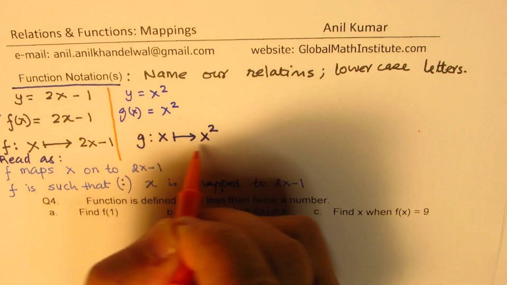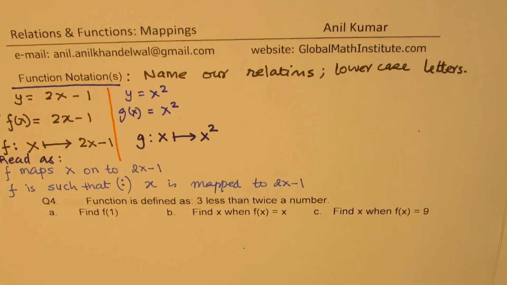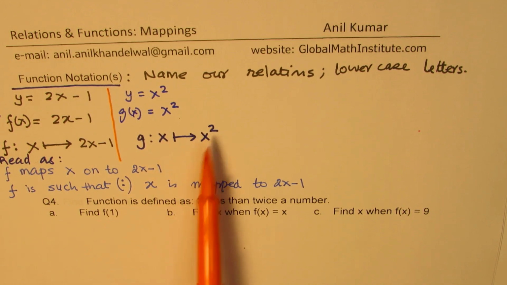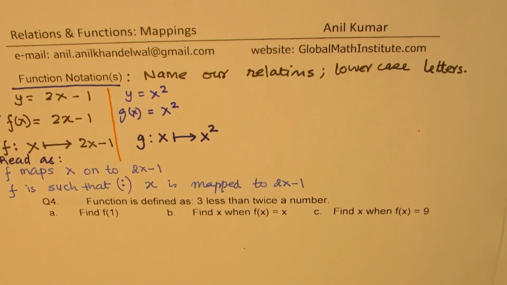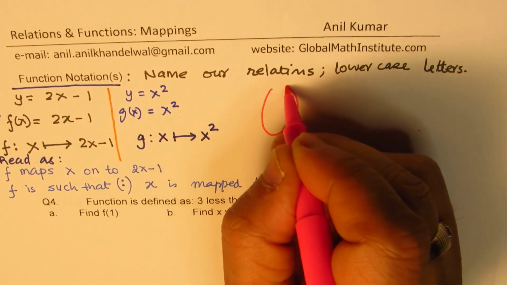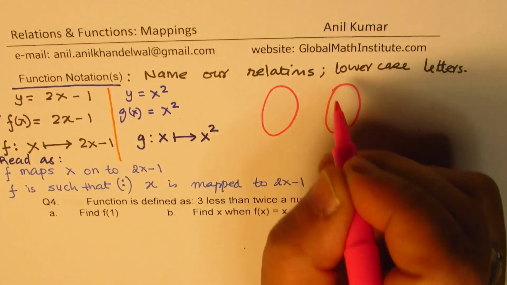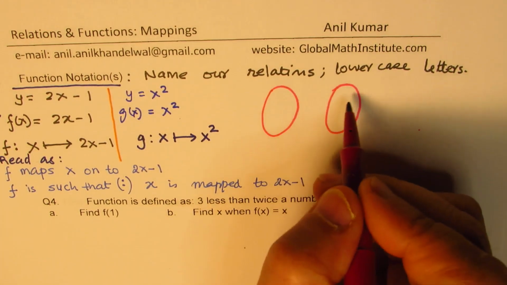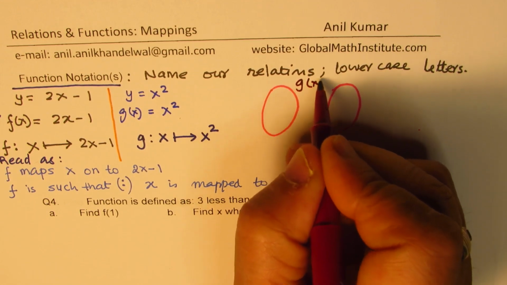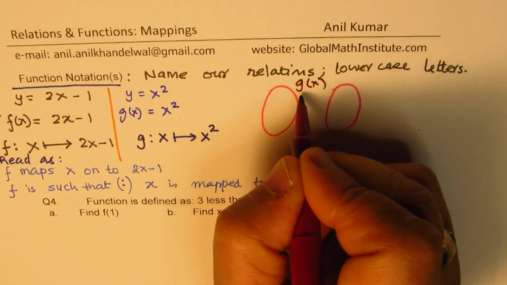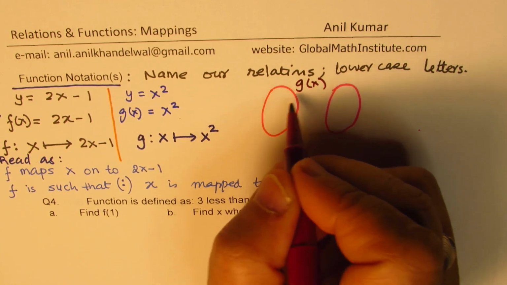So you can describe the given function g as mapping every element of x to x squared. Perfect. So that is how these could be linked. Right, so we have the second relation. For example, if I am drawing my mapping diagram, this is a function g of x. So g of x is a relation which relates each and every element from the domain.